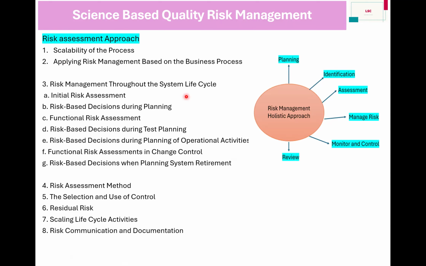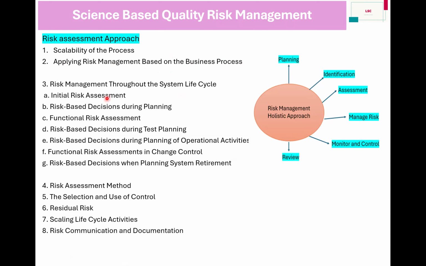What is the probability of failure? And if there is a failure, how can you detect that? And then how are you going to manage that? So this comes in applying risk management in the business process. You have to check each and every step, how you detect, how you control, how you determine, how you manage. These all come in this part, right?